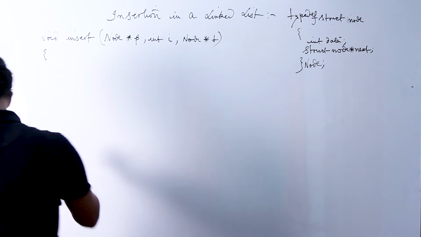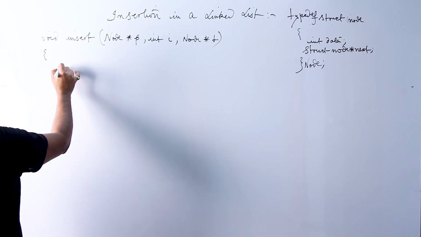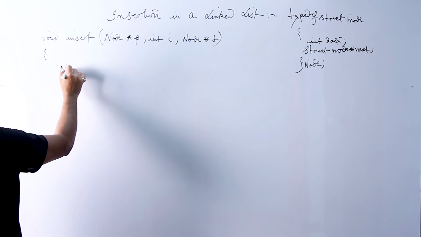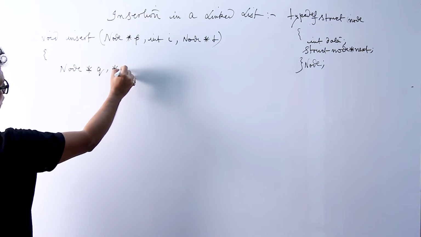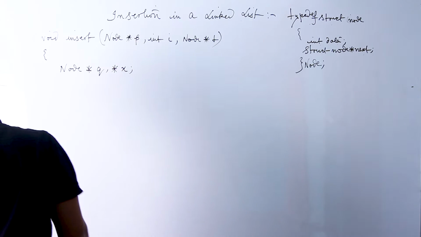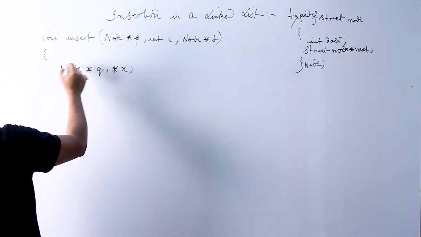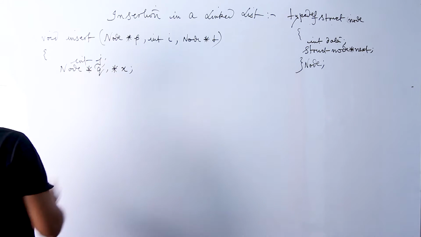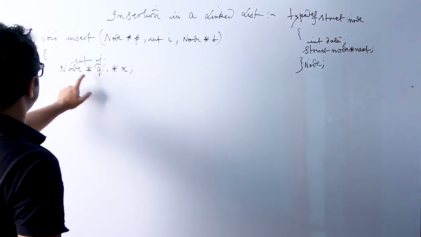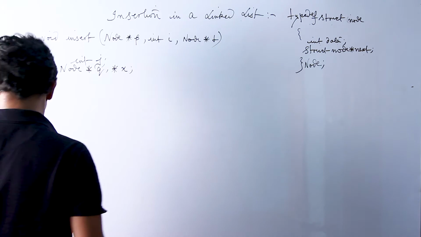We can take node star q, node star x, and we can take another integer variable int j. So int j, node star q, node star x.